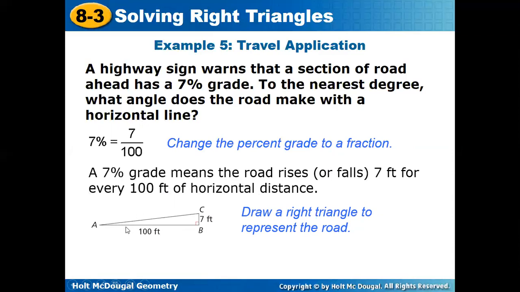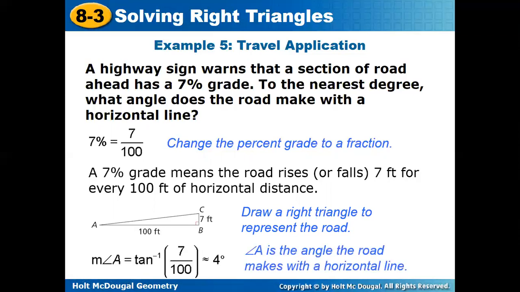So we need the measure of angle A. We convert this problem to the problem in our lesson of finding the measure of an angle, and we know the lengths of two sides in a right triangle. 7 is opposite to angle A, and 100 is adjacent to angle A. So we can use the inverse function of tangent of 7 over 100, which is approximately 4 degrees.